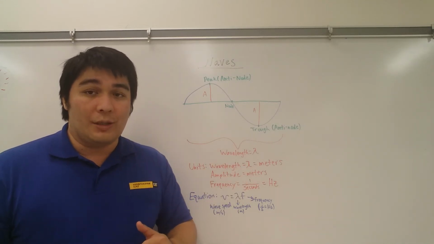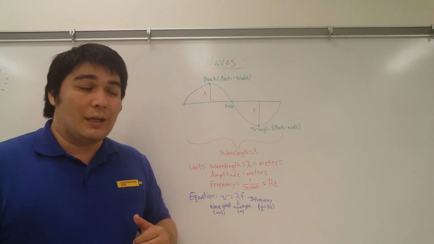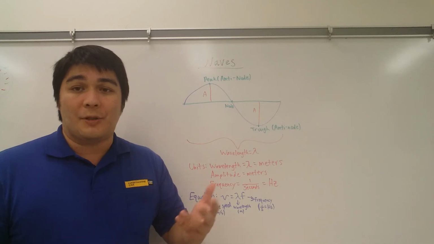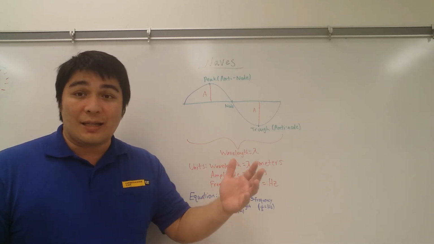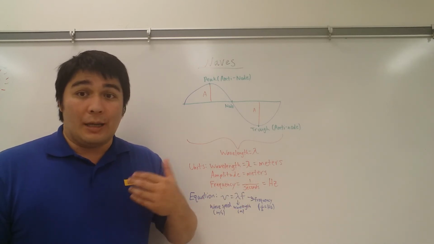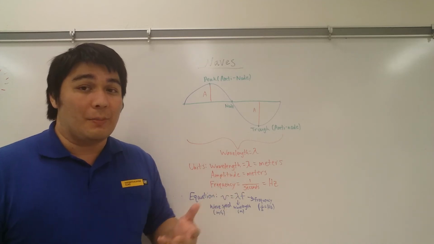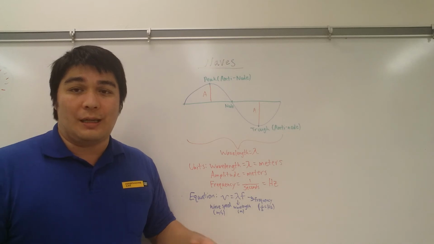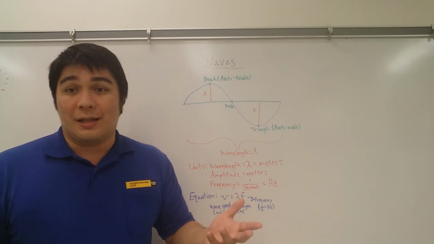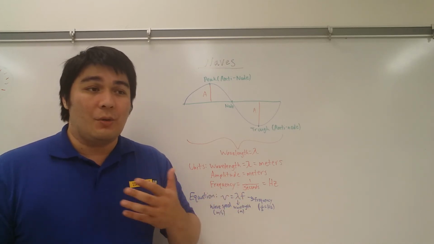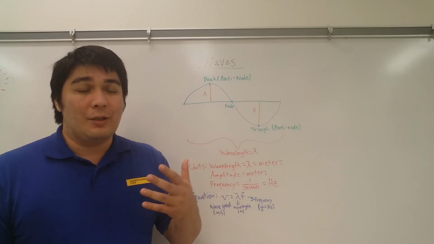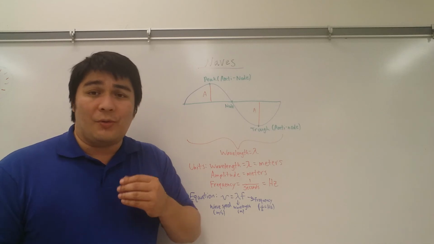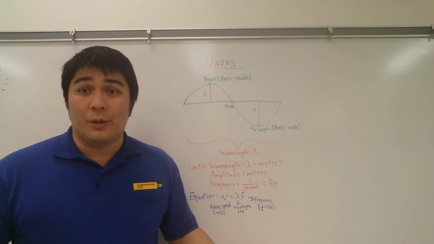Using my surfing analogy, wave speed is an apt description, because how fast those waves come crashing onto the shore is going to be very important for how we understand how the wave moves at all. Because frequency is nice and wavelength is nice, but if you don't know what the wave speed is, it's going to be a little bit hard to figure out how it physically would manifest in the real world.